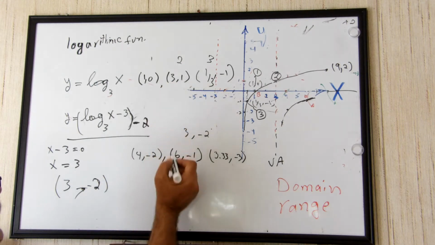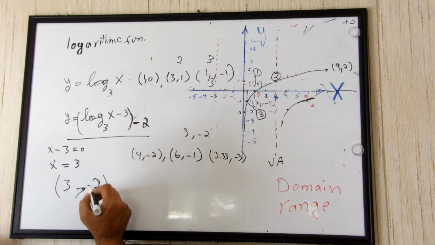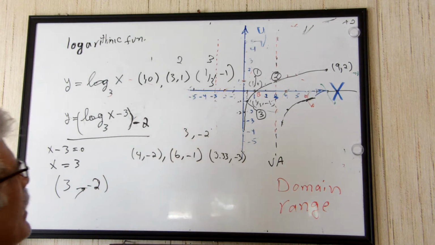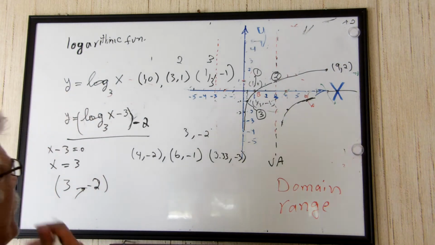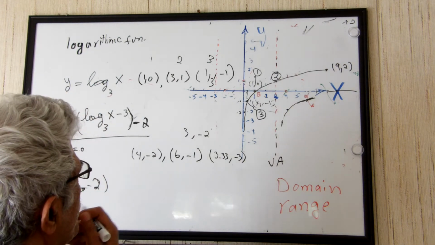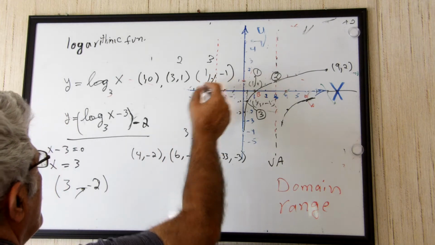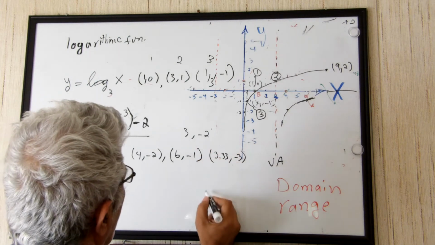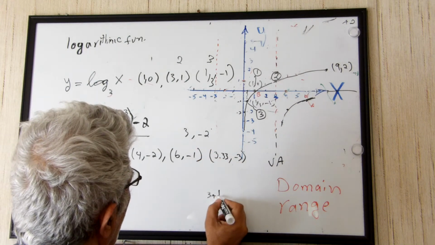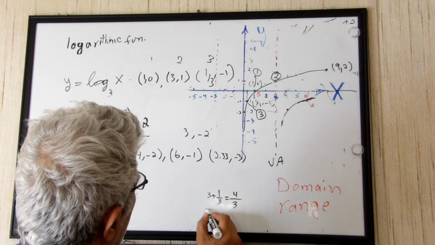And the next, 3 plus 3 is going to be 6, 1 minus 2 is going to be minus 1. And then the last one is 1 over 3 plus 3.